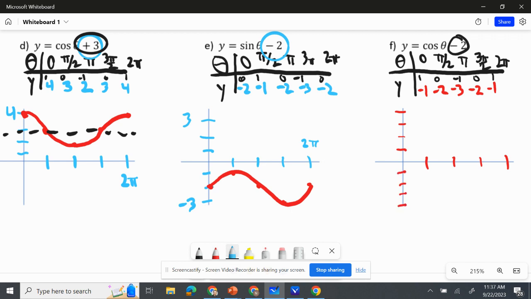So graphing this, we have 0, -1, -2, -3, back to -2, and -1. And this right here is our curve. Once again, we see that the midline is -2, and that's because our constant value is subtracting 2.